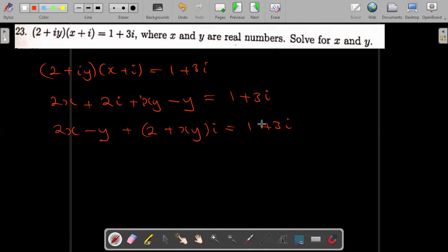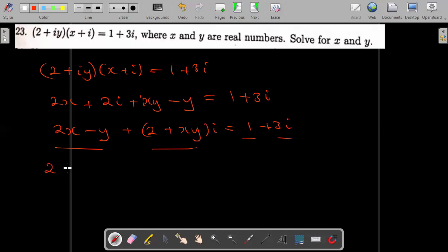Okay, so from here, I can now group these or equate these to each other. So I have to equate this real part to the real part there and the imaginary part to the imaginary part.